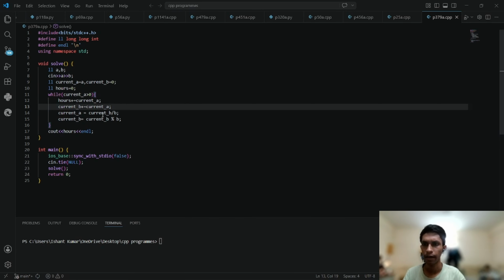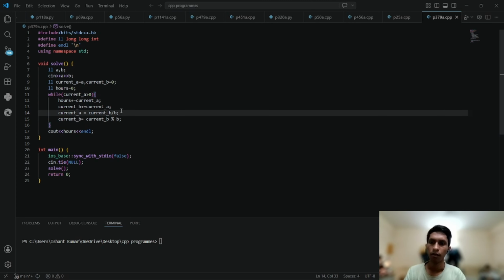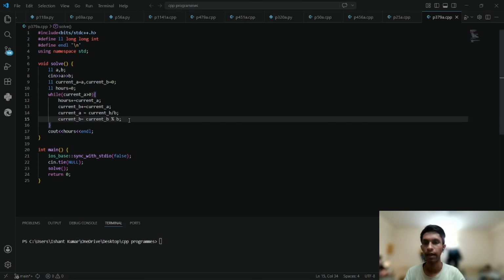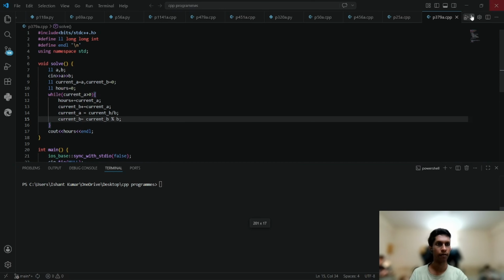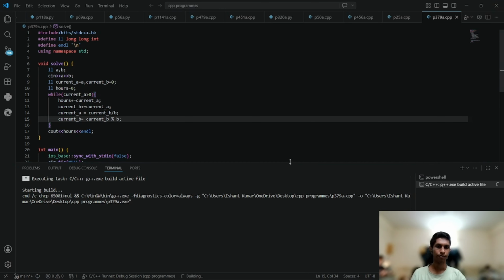After that, we are calculating the number of current candles, which will be the amount of burnt candles that we have upon the amount required to make a new candle, which is B. And at the last, using the modulo operator, we calculate how many candles are being unused for this iteration, so that we can use those unused candles for the next iteration. So let's try to run this code for the case that we have taken.